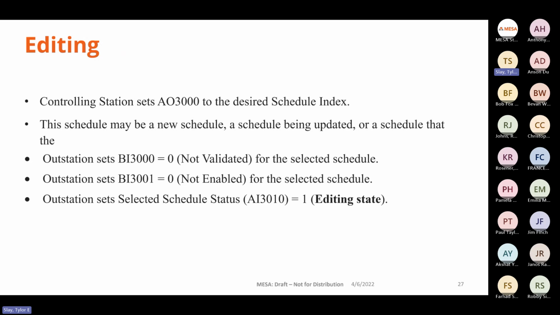Your outstation is going to be updating all of the points that are associated with that schedule from that point, the mutex that we discussed earlier. It has some internal memory that it's going to access to update those values from. And then it'll set your BI 3000 to show like, hey, I'm on the correct schedule.